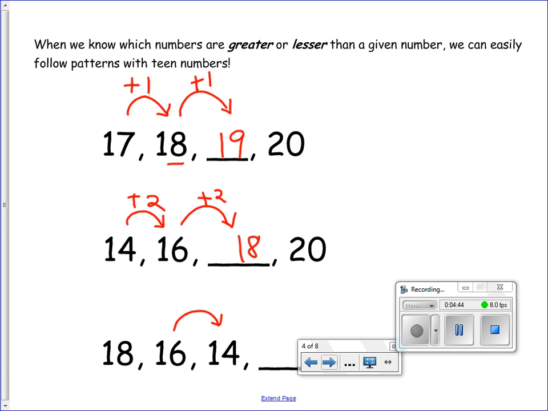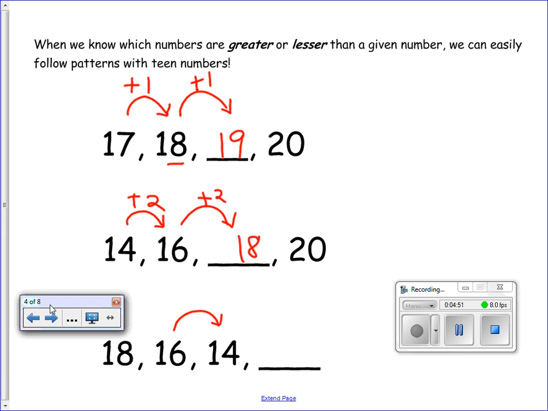From 16 to 14, my numbers are actually getting smaller. So from 16 to 14, I would have to subtract a certain number. So 16, 15, 14, I'm taking 2 hops on my fingers. So I know I have to subtract 2. So 14 minus 2 is 12.